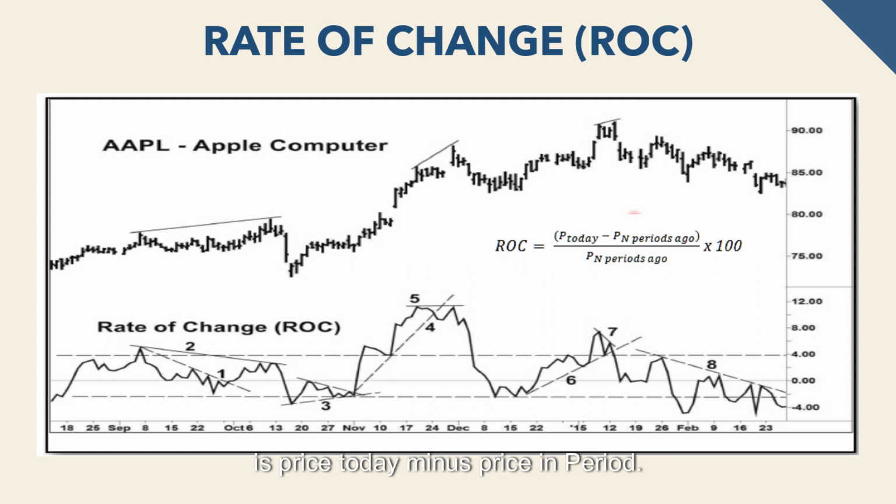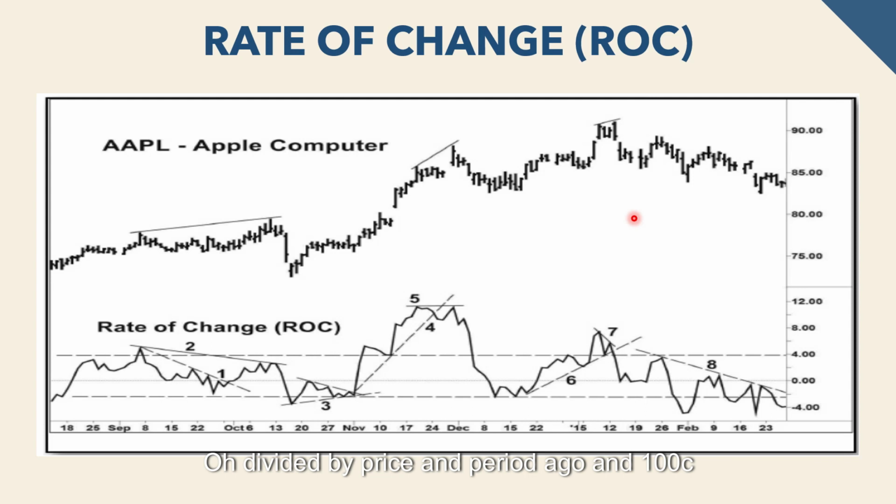The formula is price today minus price n periods ago, divided by price n periods ago, multiplied by 100. ROC is 0 if the price today is the same as it was n periods ago. It shows on a continuous basis how the current price relates to the past price.